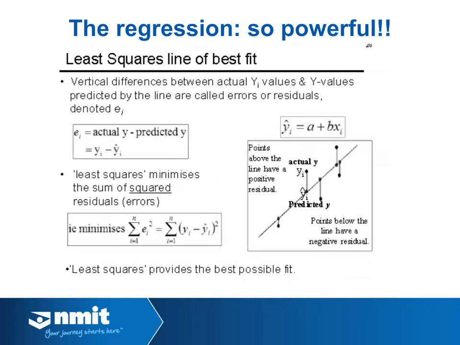Now this line isn't just put randomly through the points where it looks like it fits best. It is actually the line of best fit, and its role is to minimize the residual. Residual, denoted by the letter E, is the difference between each value of y and that predicted by the equation.